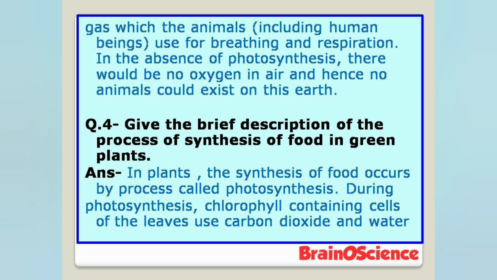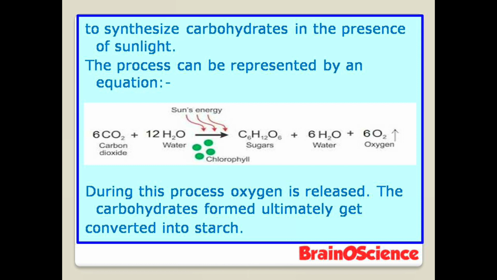Question number 4: give a brief description of the process of synthesis of food in green plants. Answer is, in plants, the synthesis of food occurs by a process called photosynthesis. During photosynthesis, chlorophyll containing cells of the leaf use carbon dioxide and water to synthesize carbohydrate.